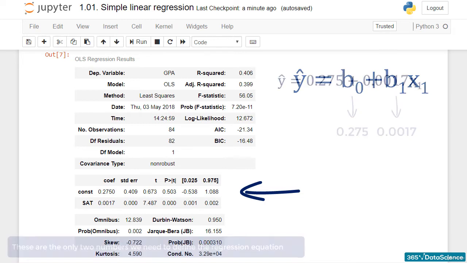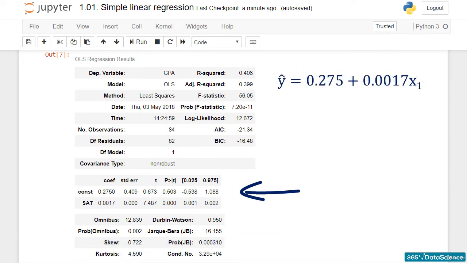Therefore, y hat equals 0.275 plus 0.0017 times x1, or GPA equals 0.275 plus 0.0017 times SAT score. So, this is how we obtain the regression equation.